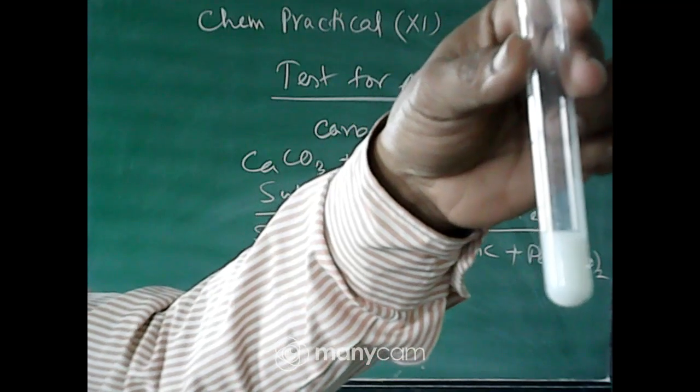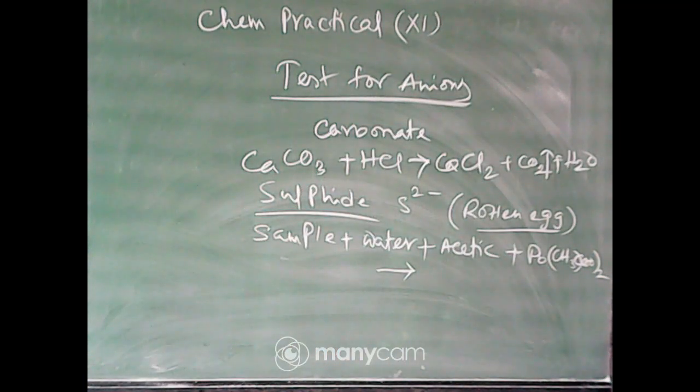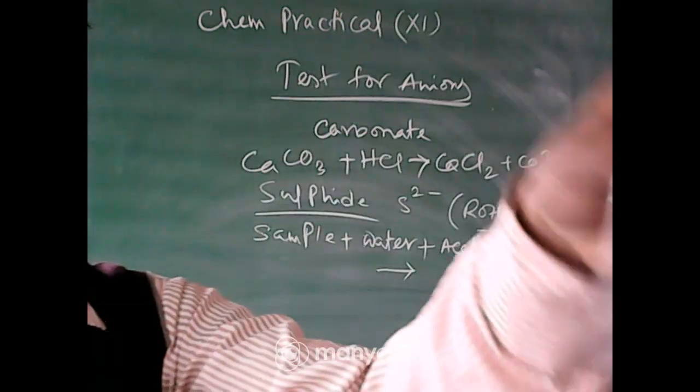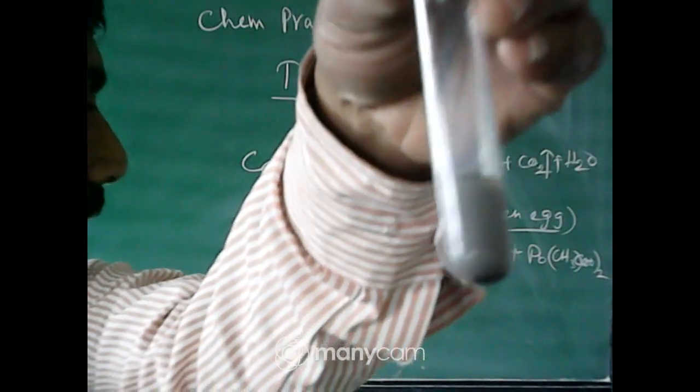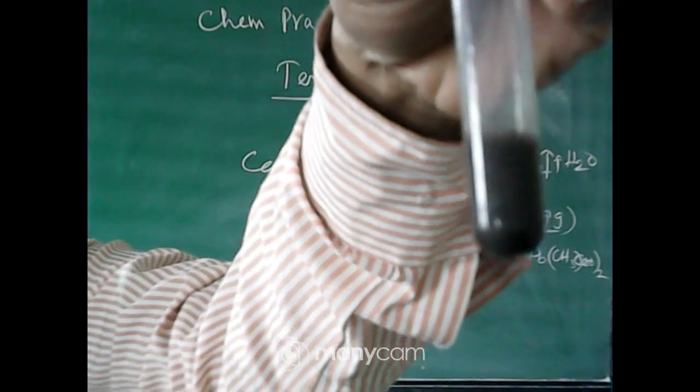And then we will add lead acetate to this. Lead acetate. Already a rotten egg smell is coming out from the test tube. Check that the color becomes black.